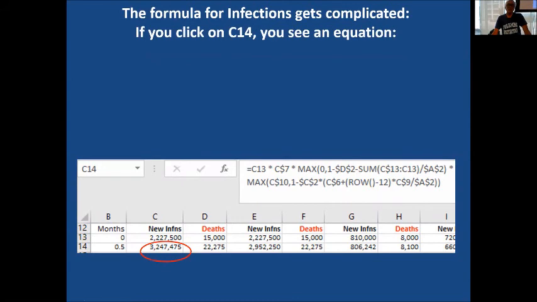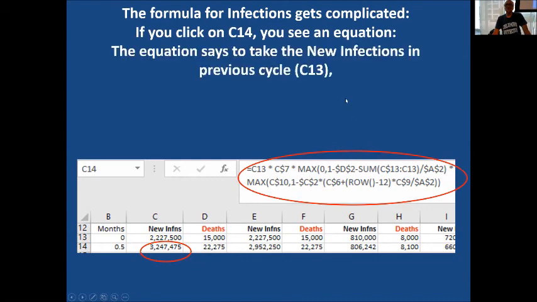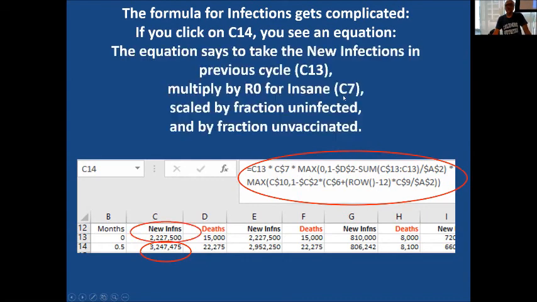So you can't just take the previous infections and multiply by R naught. The R naught, that C7, has to be scaled. So you take the new infections from the previous cycle, and then that C7, but then it has to be scaled by the fraction uninfected and the fraction unvaccinated.